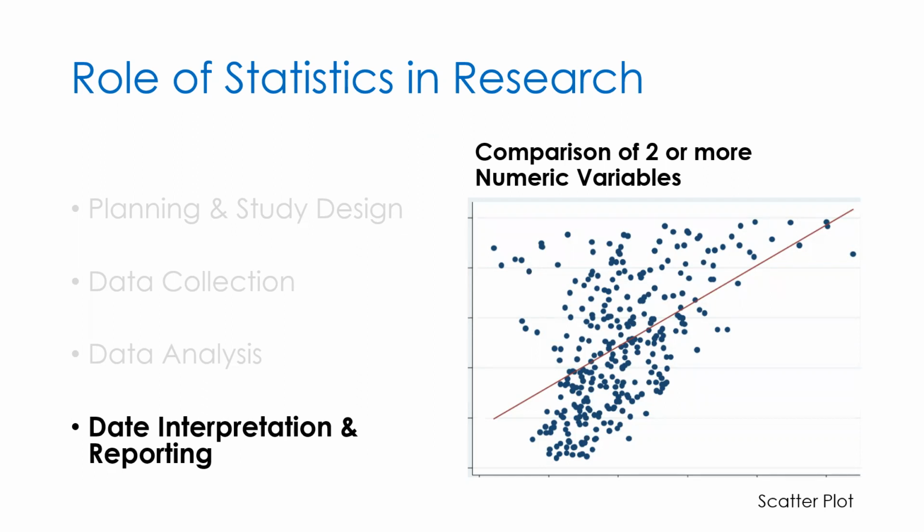So if you have data, you can play around with charts, and with time you get used to them. So for simple data, you can do all that yourselves. But for large data and for complex data, you probably will need a statistician to do that for you.